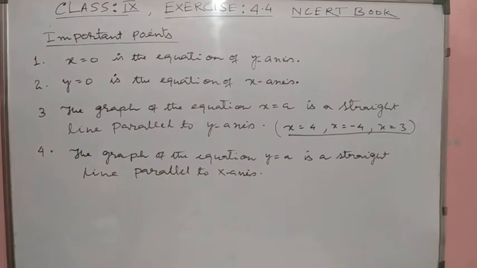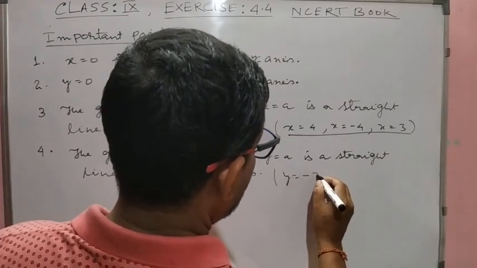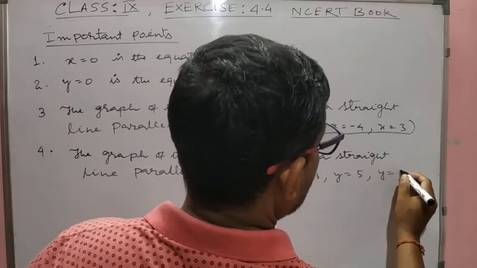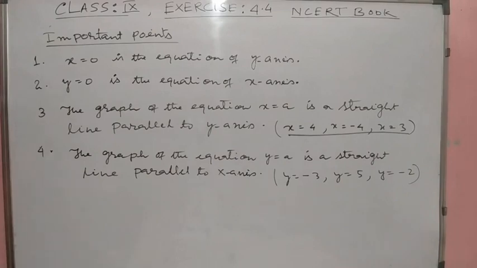That means if we draw the graph of equations like y equal to minus 3 or y equal to 5 or y equal to minus 2, we always get a straight line in the Cartesian plane which will be parallel to the x-axis.